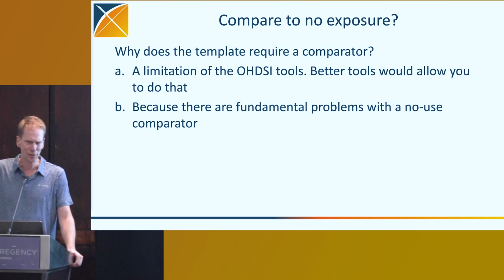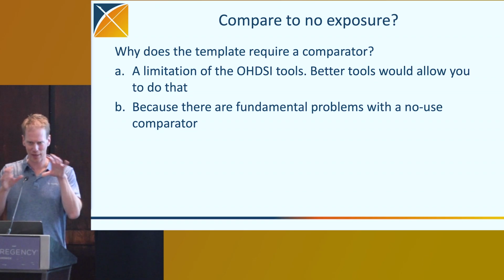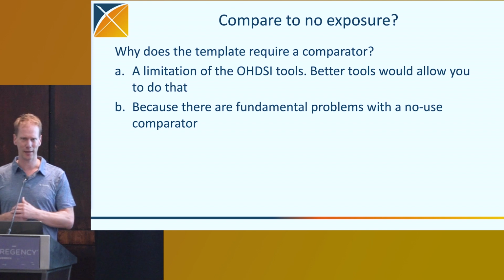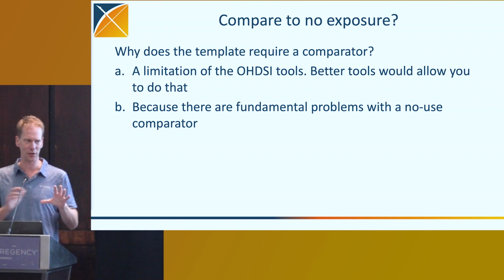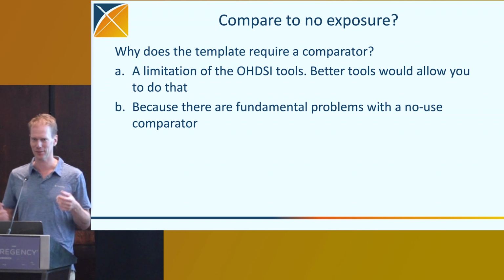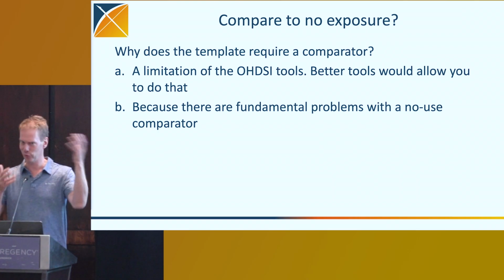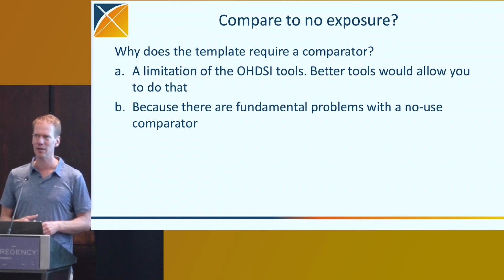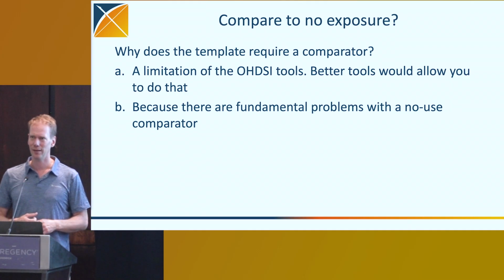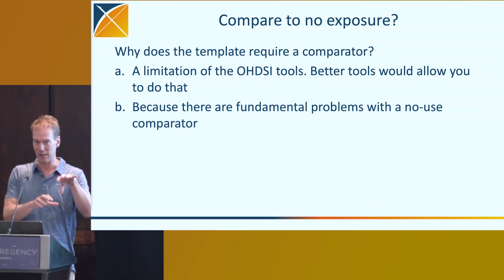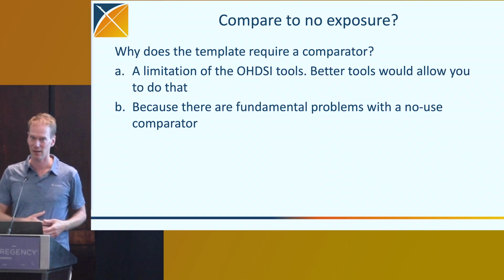Yeah, so I've actually played this game for a little while. I tried to make a no-use comparator, and I thought you at least have to go see the doctor, because that would be fair. Else, if somebody doesn't go to the doctor, then you don't see any events for them, and then you can use a propensity score to balance them. It's just very hard. First of all, you lose a lot of people. You have to nest it within the people who have, in this case, hypertension.